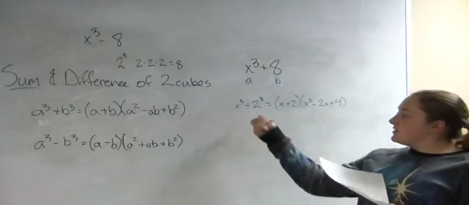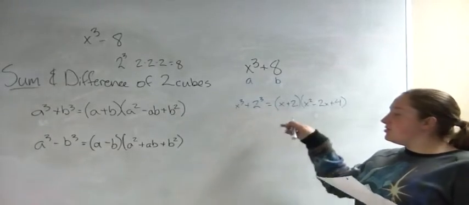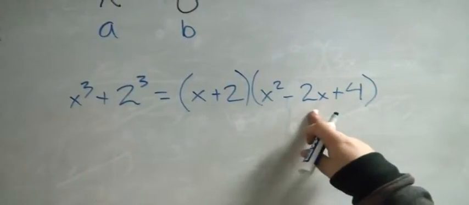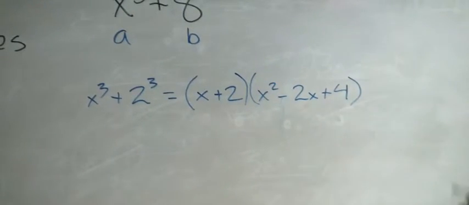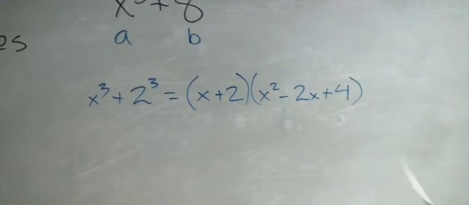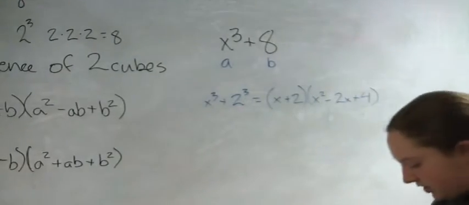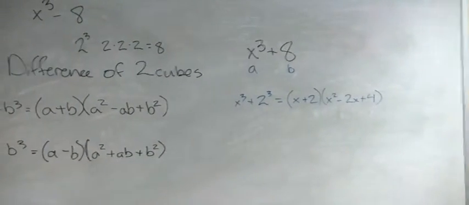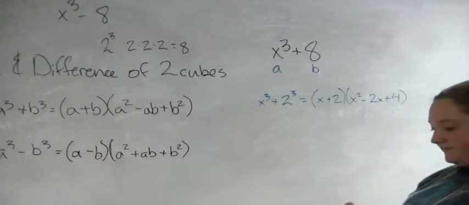So, a cubed plus b cubed is equal to a plus b, a squared minus ab plus b squared. And that's the equation that I would substitute on the top of the thing.